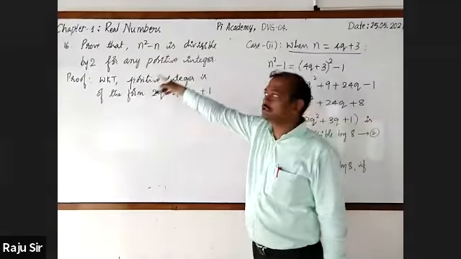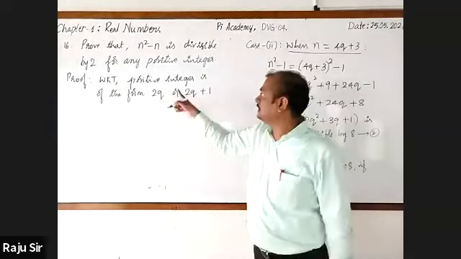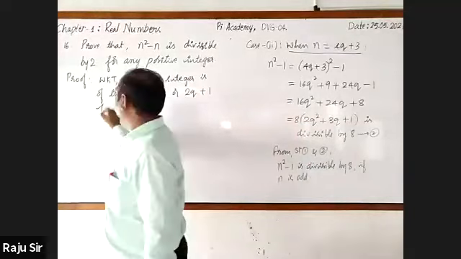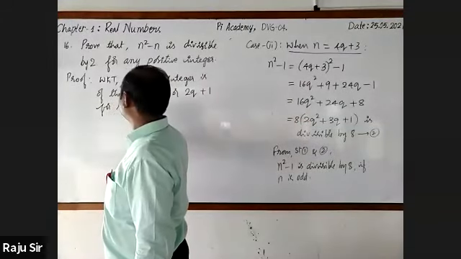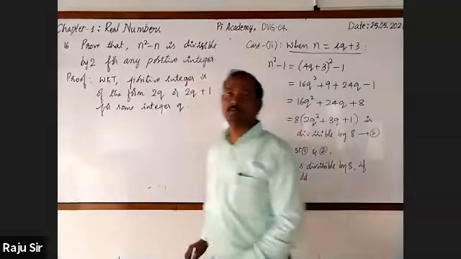The reason is, we have to prove n square minus n is divisible by 2, hence I have taken 2q or 2q plus 1, for some integer q.